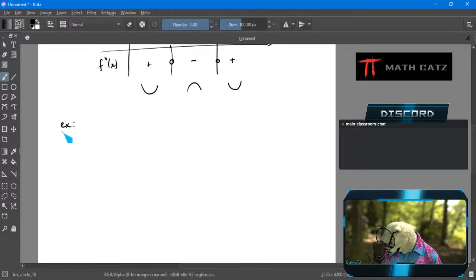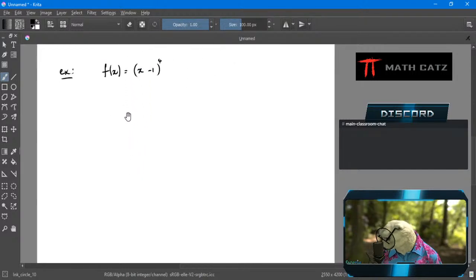So let's have a very simple example: x minus 1 to the fourth. Anything that I can do transformations on to understand is pretty simple. On the way to the second derivative, I need the first derivative, a little chain rule: 4 times (x minus 1) cubed times 1.